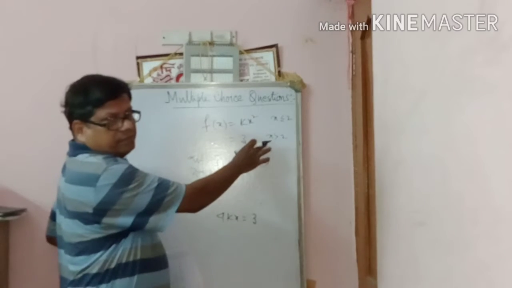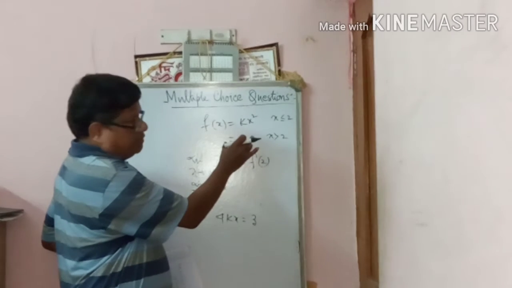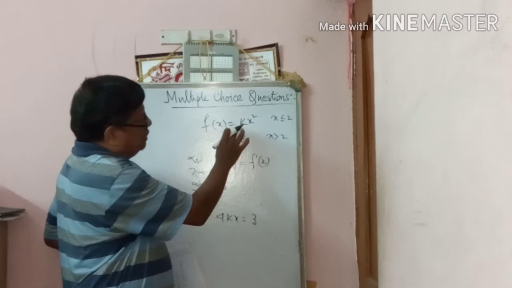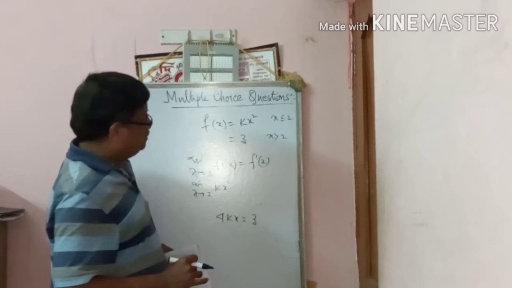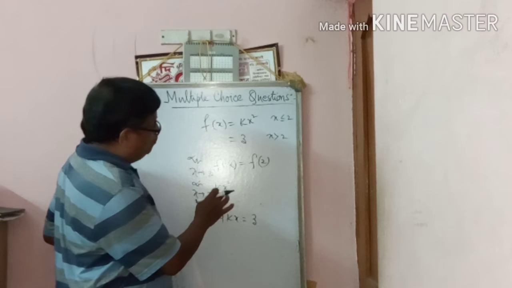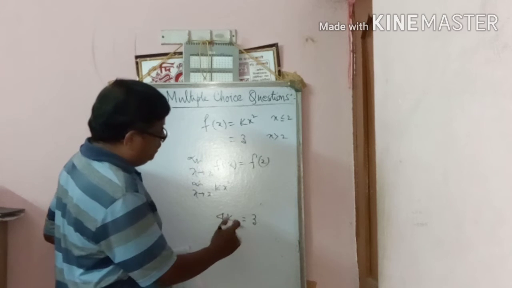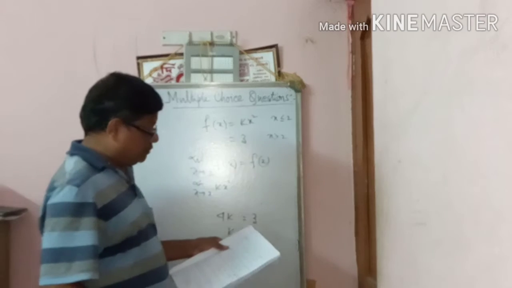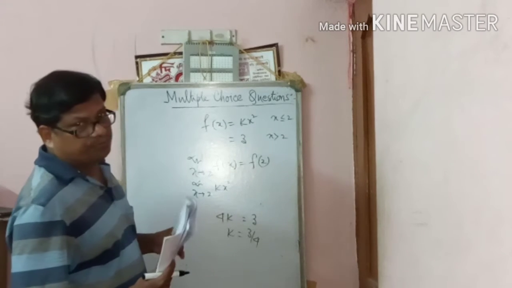Right hand limit at x equal to 2 is given, left hand limit is kx square. So you put the value: 4k equal to 3, then k equal to 3 by 4.